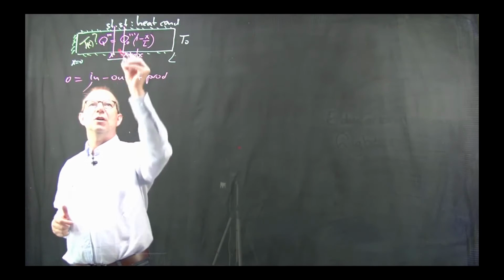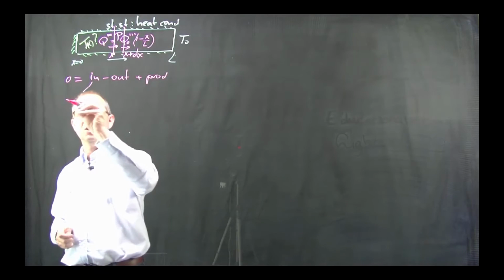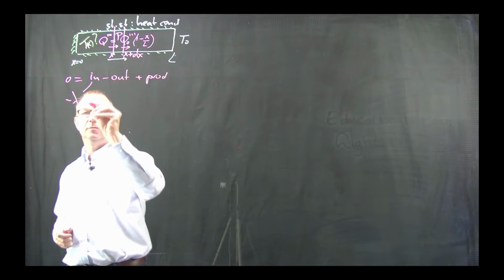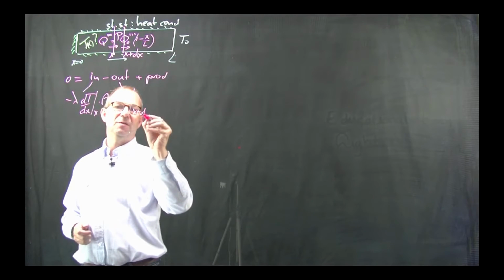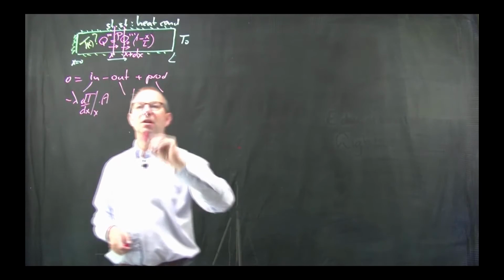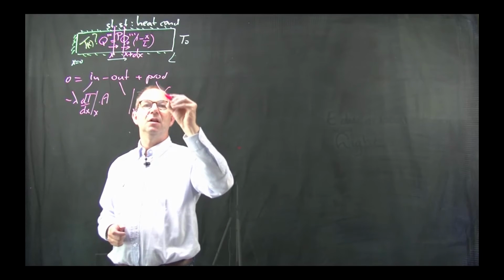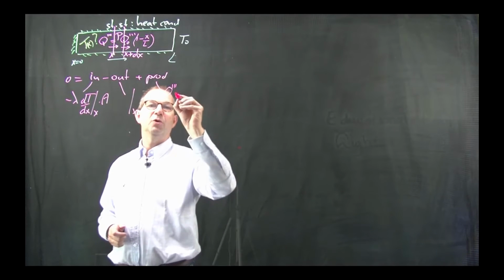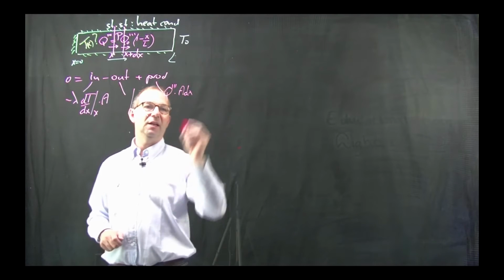And the ins and outs are, as we always have for the conduction cases, Fourier's law. And the same at x plus dx. And now the production in this volume is the production per unit volume times how big our volume is, A dx.